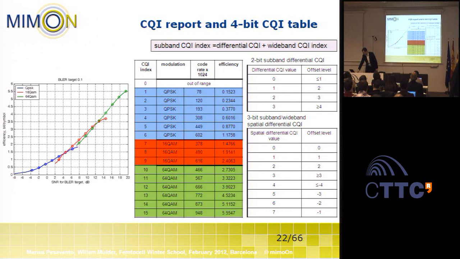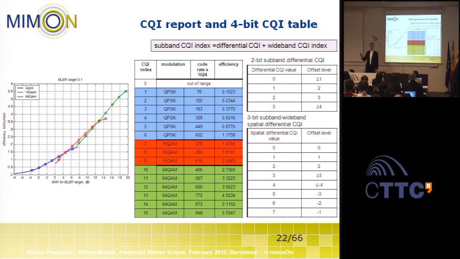So the user equipment is performing SNR measurements, and based on these measurements, the modulation scheme is selected, either QPSK, or if the channel conditions are better, then 16 QAM or even 64 QAM is used. And also the code rate is selected: as the SNR increases to higher SNR values, larger code rates are used.